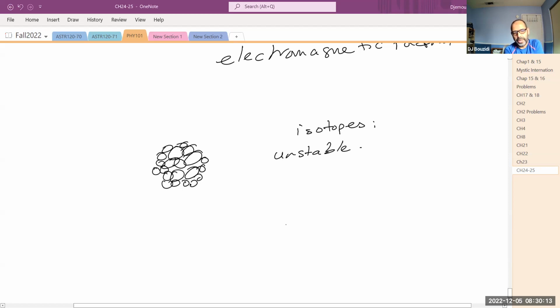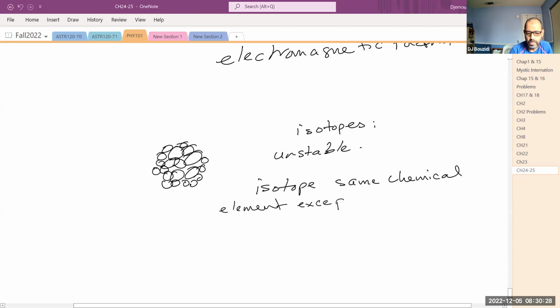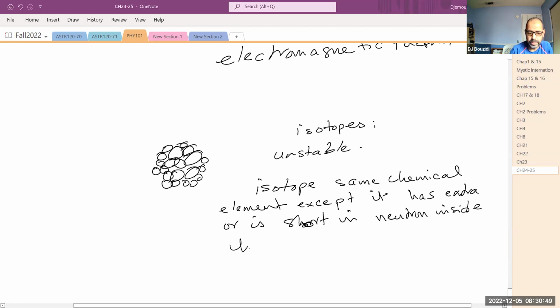So what is an isotope? An isotope is the same chemical element except it has extra or is short in neutrons inside its nucleus.